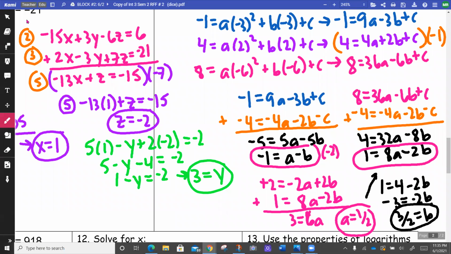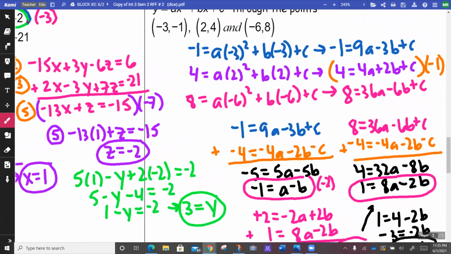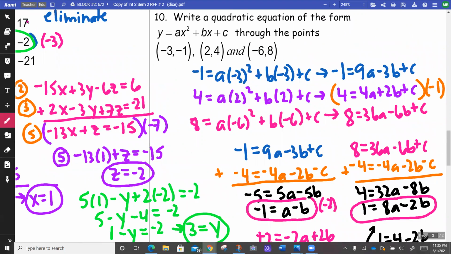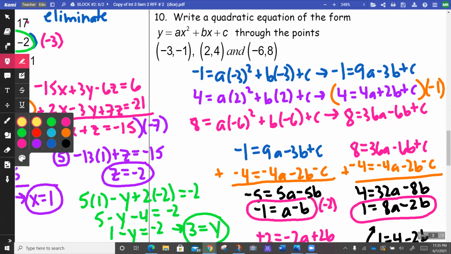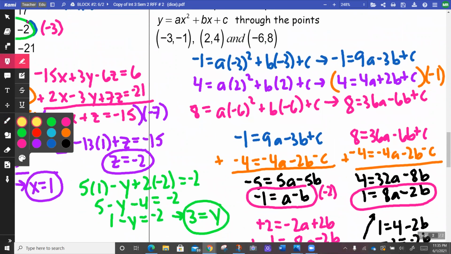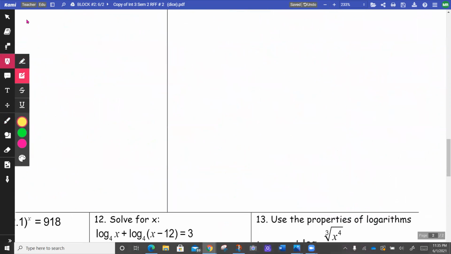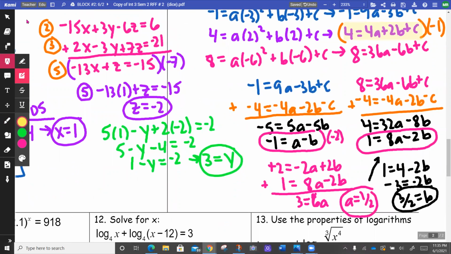And then I need to find my c. So if I come back up to my original problems, I think I'm going to actually use the one that I had times by this one right here, but I'm going to do it before I time. So I'm going to do that one I just highlighted in yellow. Sorry, I'm writing big, running out of space.